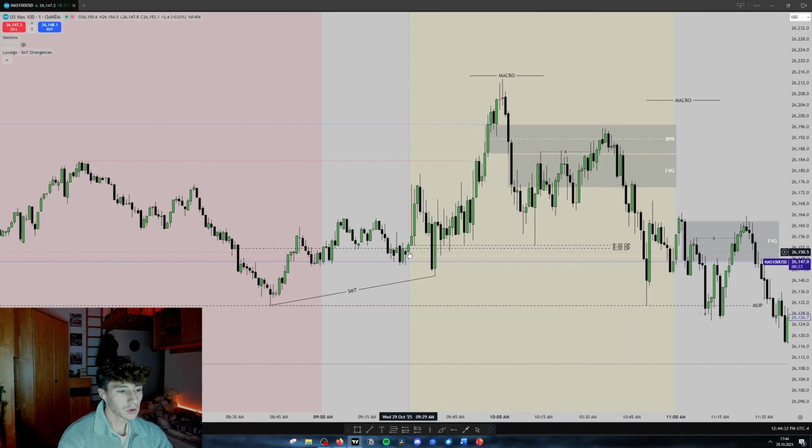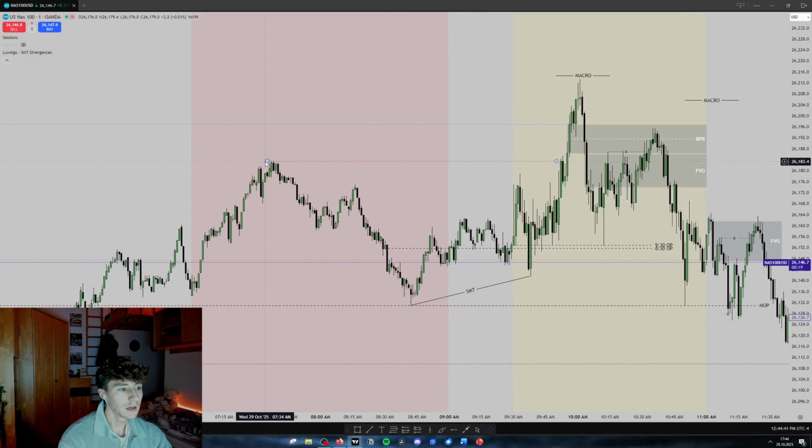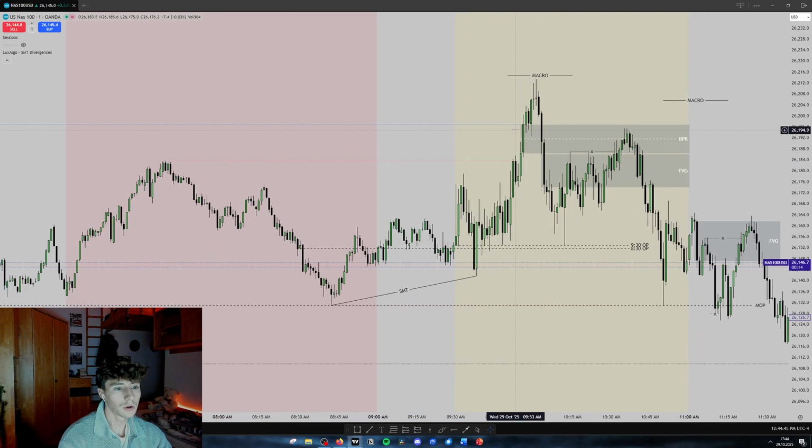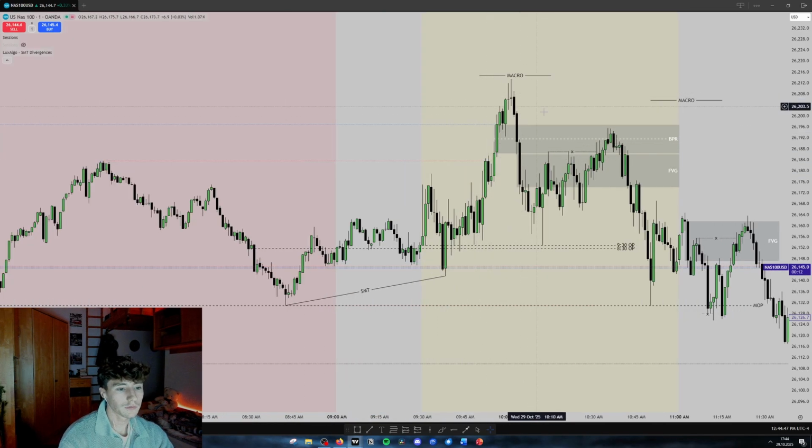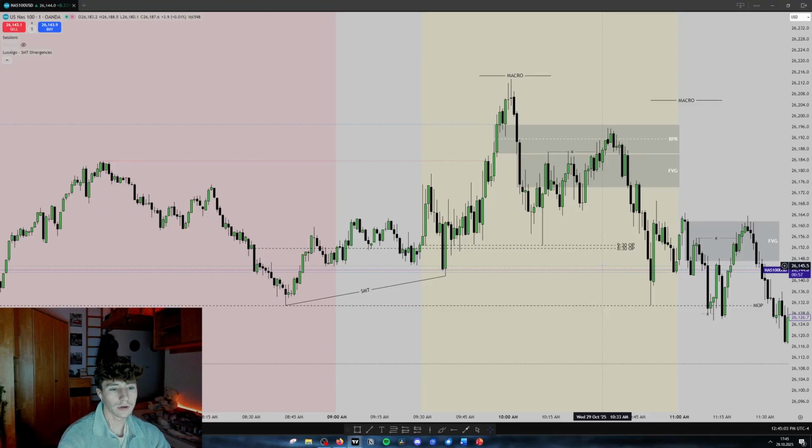Right here with the opening, we traded higher, traded lower, and created the bullish SMT right here, and then we traded higher, swept the buy side liquidity of New York open kill zone and also London highs. So therefore we are really overbought because we did not only sweep every session liquidity right here, but we also are above all opening prices, and we still did not trade back to consequent encroachment of regular trading hours.